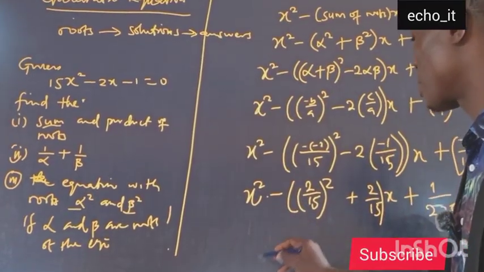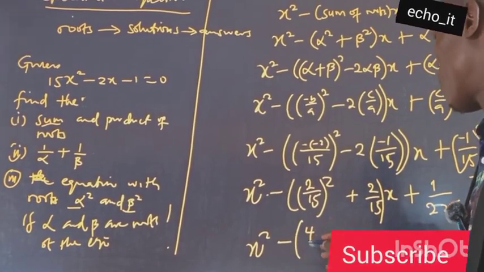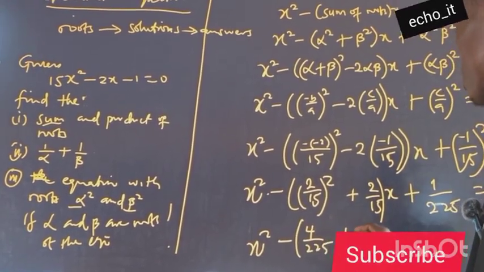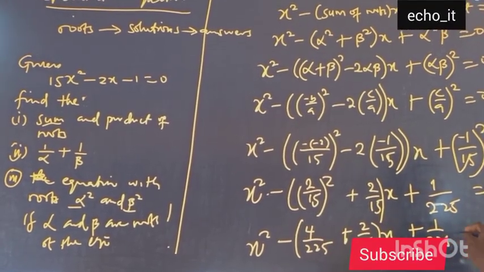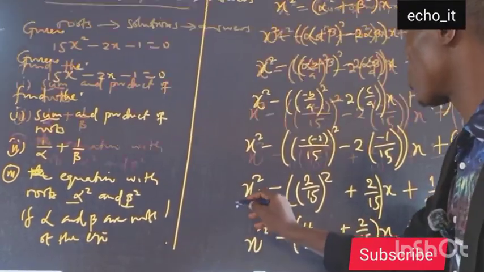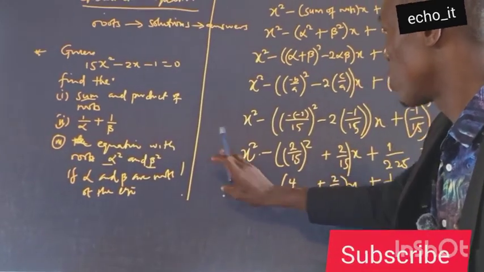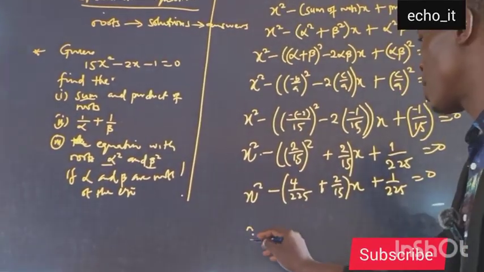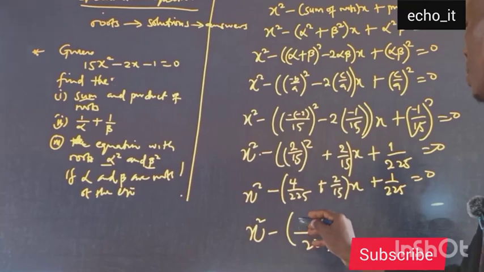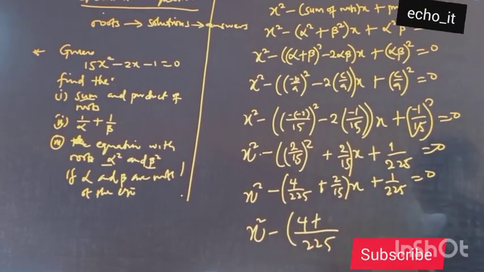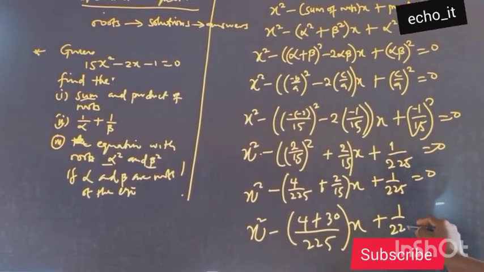If we solve this, we have x squared minus 4 over 225 plus 2 over 15 x plus 1 over 225 equal to 0. Proceed with this. We have x squared, the LCM is 225, 4 plus 225 divided by 15 should be 15, 30 x plus 1 over 225.